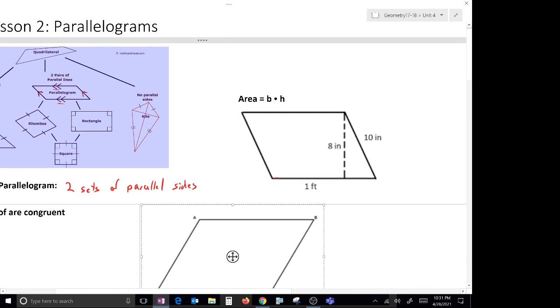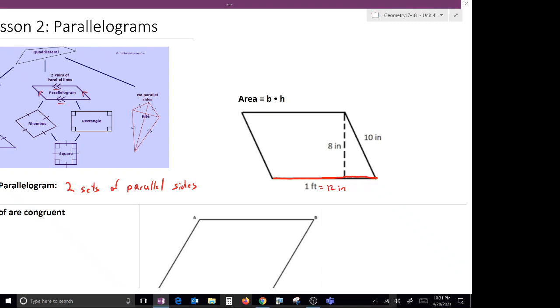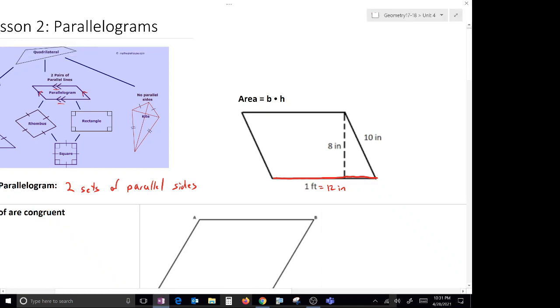The area of a parallelogram formula is just base times height. So in this case it would be 1 foot, or we'd want to convert that to 12 inches, times our height of 8 inches.